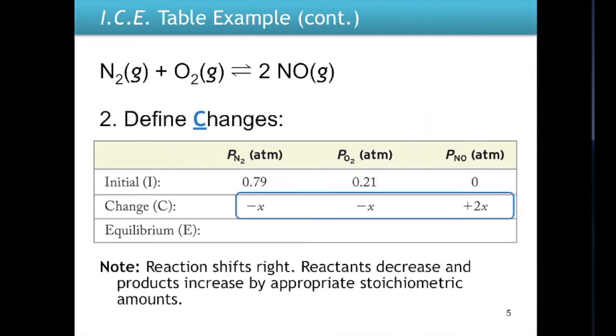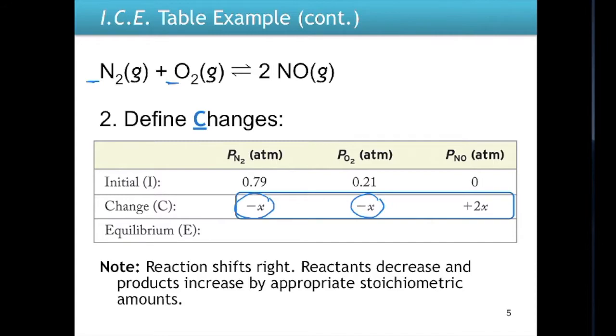The next step is to show how these are going to change. Now we don't know exactly what's going to happen. We know we're going to lose some reactant and we're going to gain some product. So we show that by writing minus x's for reactants that we're losing. And since each of the reactants has a stoichiometry of 1, it's just going to be a minus x for the reactants.